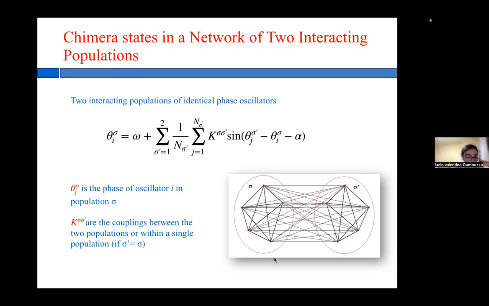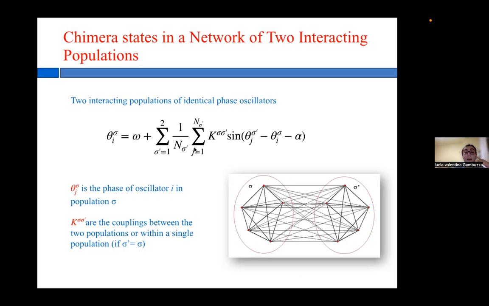The coupling between the units inside each population is the same and is fixed, while the coupling among the two populations is slightly different. And this is the model equation.